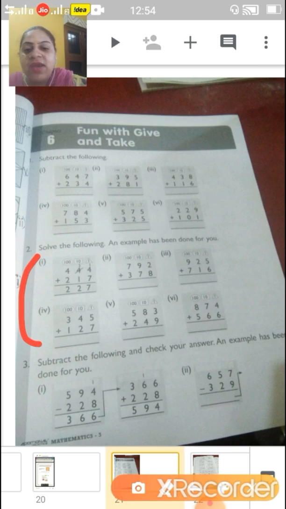Like 14 minus 7 is 7, and 3 minus 1 is 2, and 4 minus 2 is 2. In the same way we have to subtract or solve. 7 minus 4 is 3, 4 minus 3 is 1, and 6 minus 2 is 4. Understood?